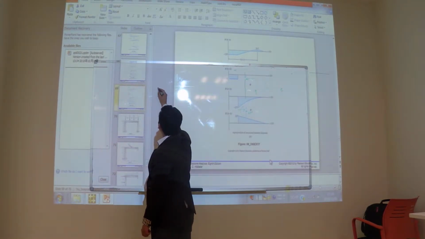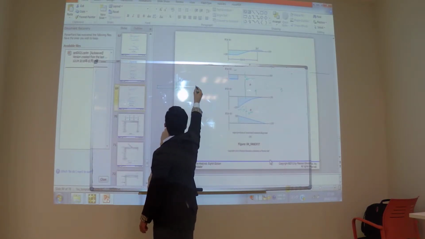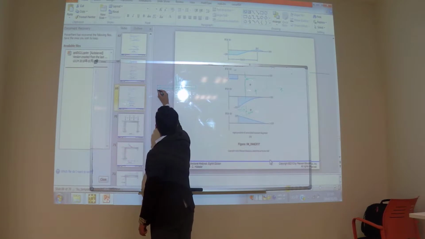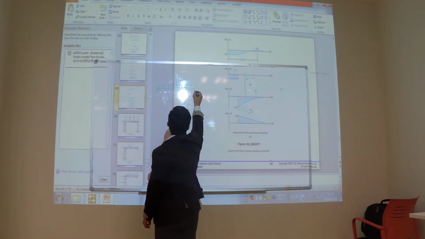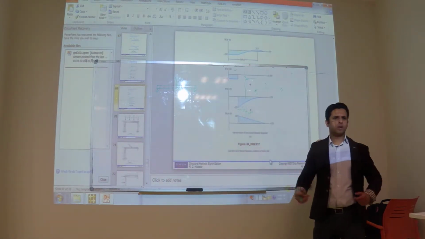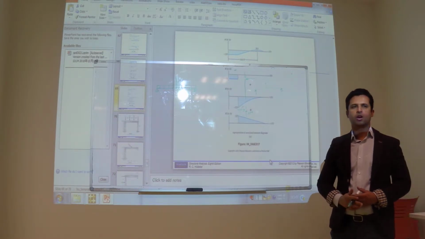What is that? If you have a beam and on this beam you have two loads, one is a point load, and the other one is a UDL. You want to solve it. How can you do that?